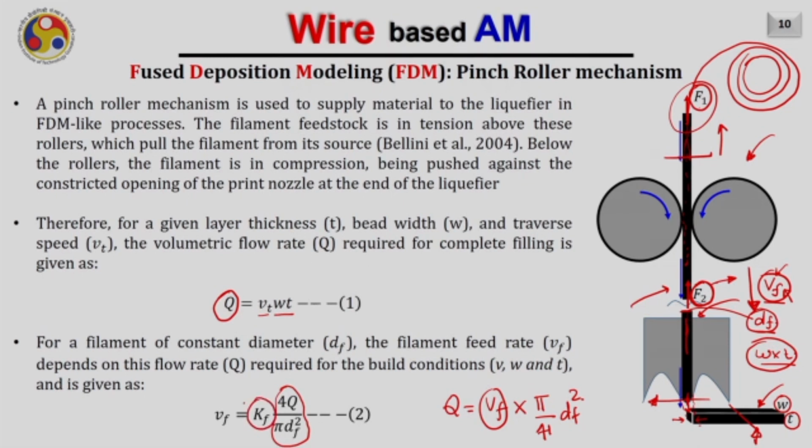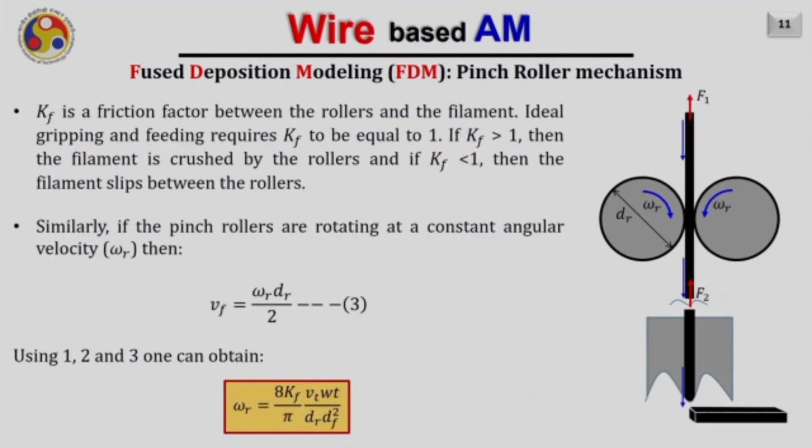So what is Kf? This correction factor, which is also called the friction factor between the rollers, can have three types of value. The Kf can be greater than 1. If Kf is greater than 1, then the velocity will be greater than the predicted one.